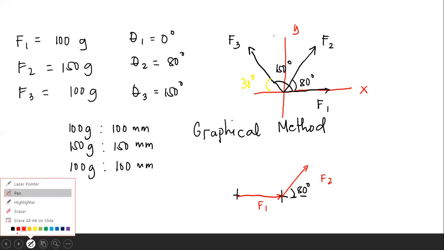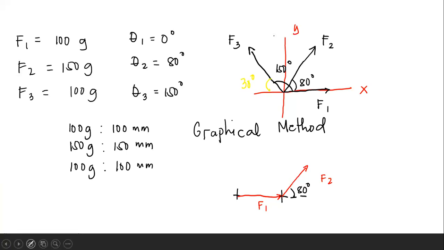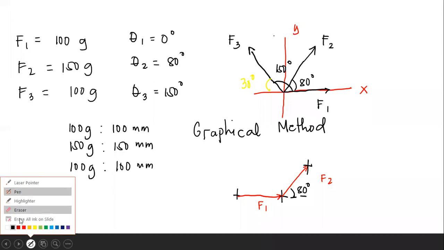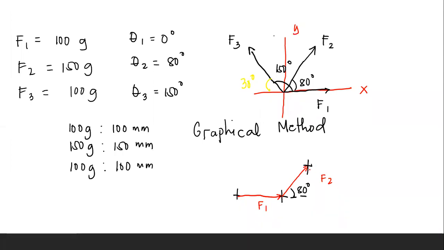Then, from the head of your F2, again draw your X and Y axis. If you notice, your F3 is lying on the second quadrant. From the origin, measure 30 degrees since this one is 30 degrees, or you can also measure from this point up to 150 degrees.